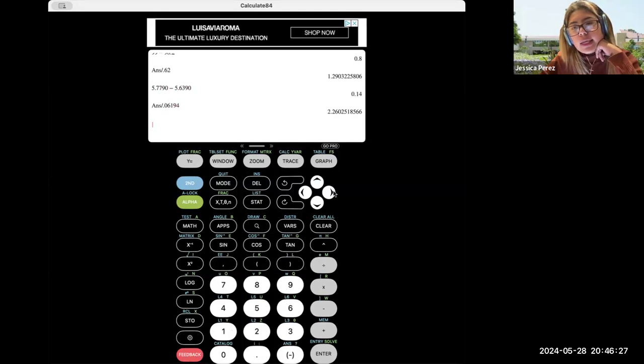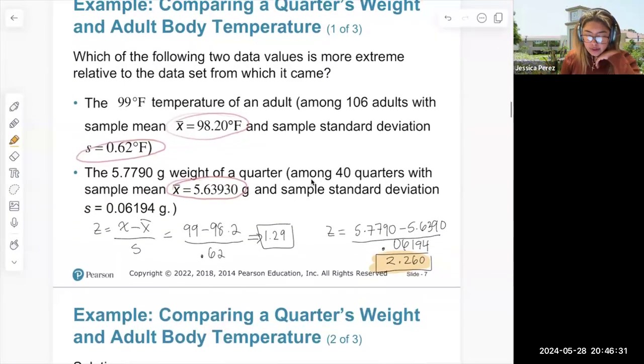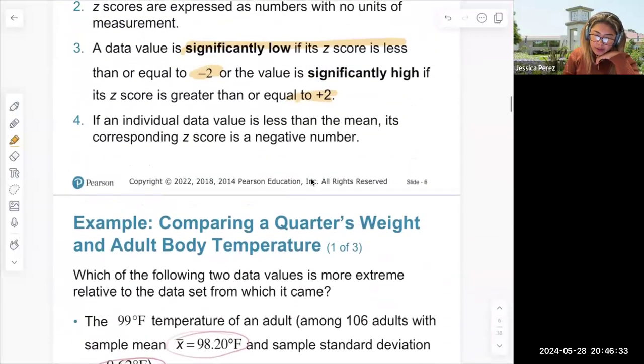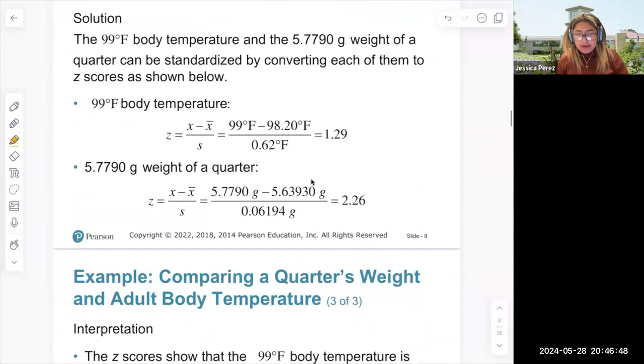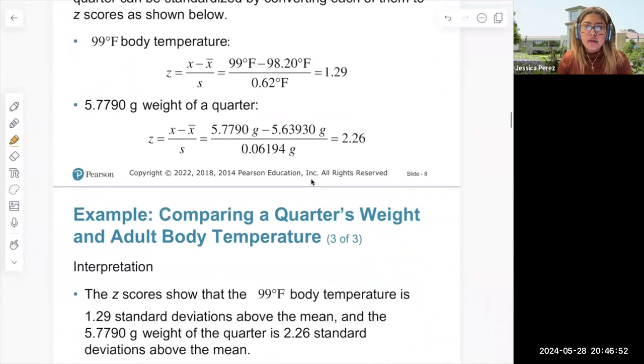Because what did we say at the beginning of z-score? If the z-score is greater than 2, this is significantly high. For the second example, we have a significantly high z-score value. So we found the two answers, 1.29 and 2.26.